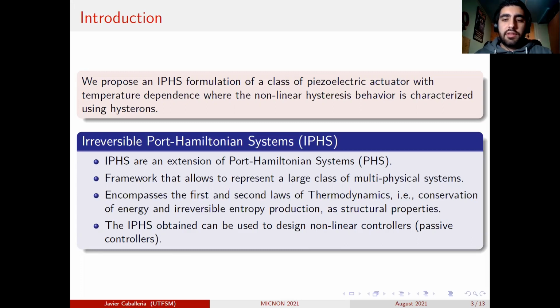These laws are the conservation of energy and the irreversible entropy production. The irreversible Port-Hamiltonian systems that we can obtain can be used to design nonlinear controllers, in particular passive controllers, because an IPHS is a passive system.